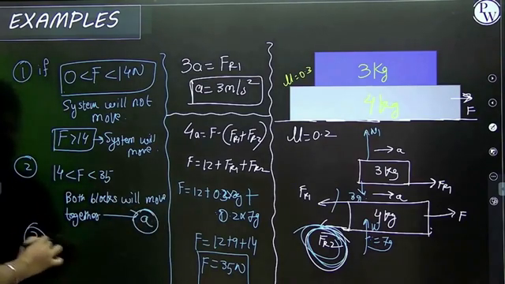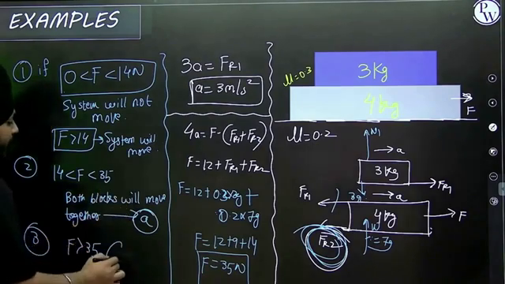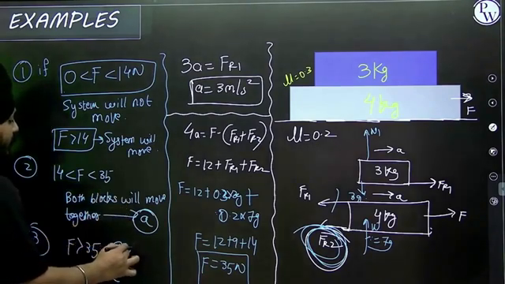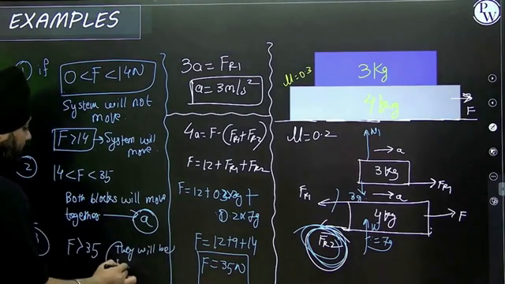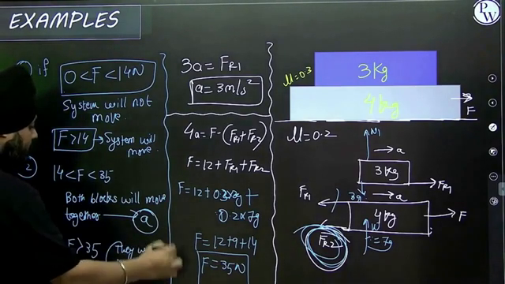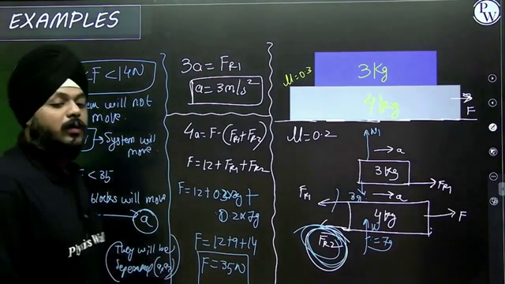For F greater than or equal to 35, they will be on the verge of moving, and they will be separated with different accelerations, A1 and A2.